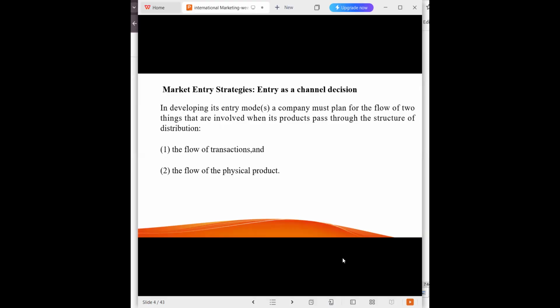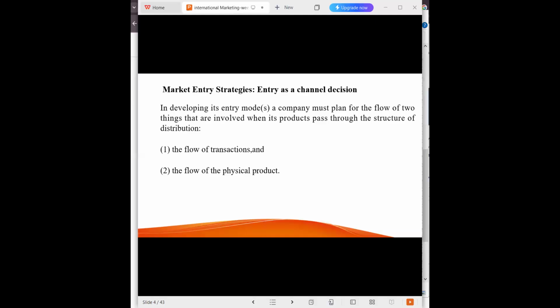And in developing the entry mode, there are two aspects that a country has to plan towards. One is the flow of transaction, and another is the flow of physical product.